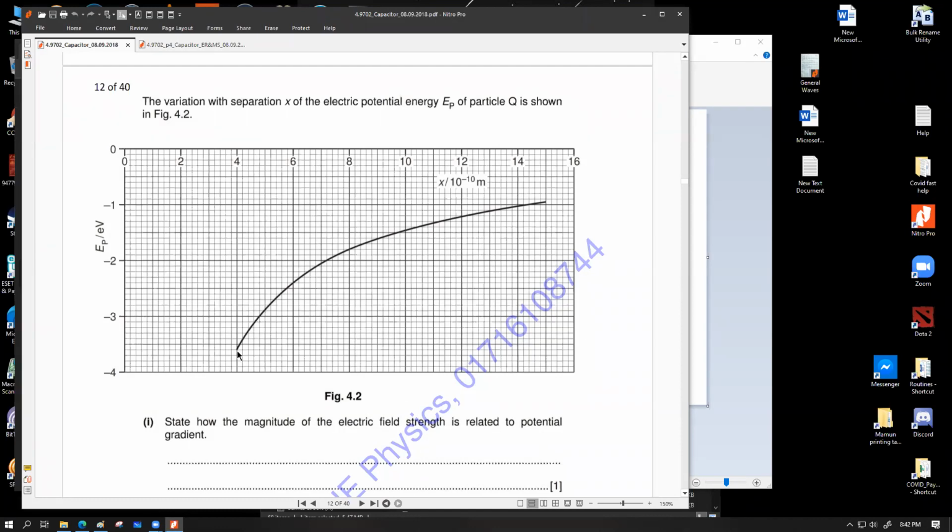Here we see that initially the charge energy stored within the system of the two charged particles was lower. As the separation increased, external work had to go in because the amount of energy increased, from a lower number to a higher number.